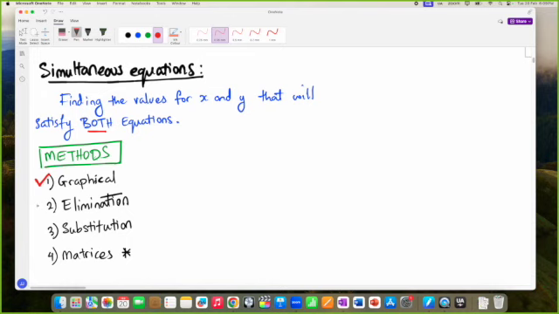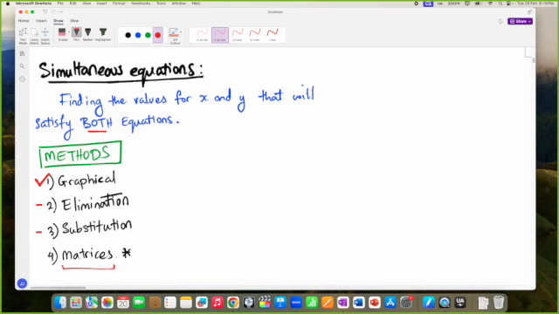Today, we are going to talk about these 2 methods, the elimination and the substitution methods. We will not be doing the matrices method right now. That will come closer to the end of the curriculum when we are doing matrices, which should be before Easter.